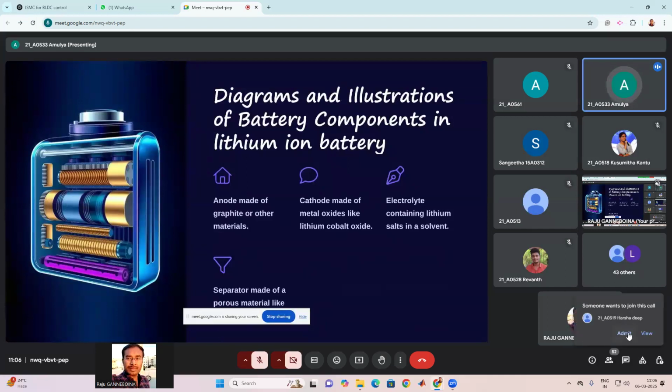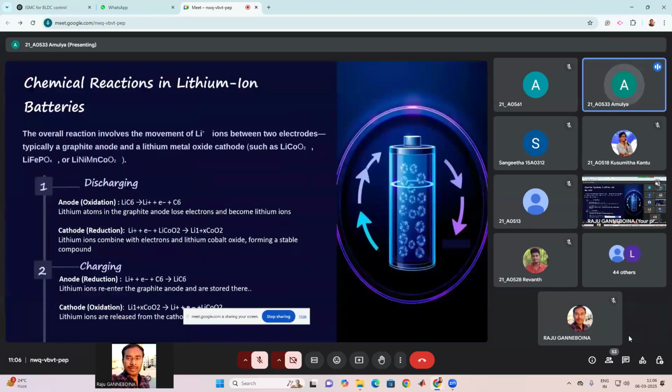The electrolyte we use is lithium salts in a solvent, and the separator is made up of porous materials like propylene. The overall reaction used in the lithium ion battery is mentioned here. In any battery, there are two processes, charging and discharging.